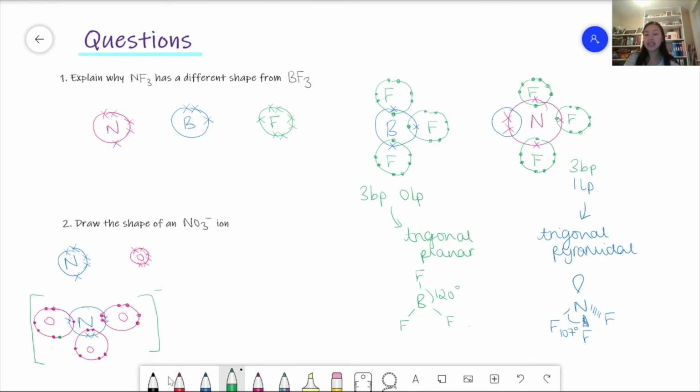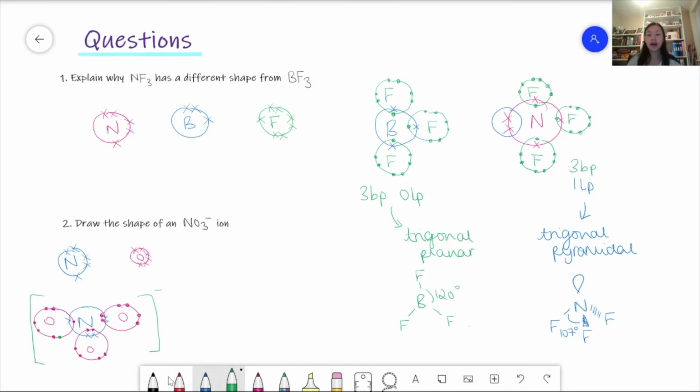And so we can see that it's got 2 double bonds and a single bond. So there are no lone pairs because there's none on the nitrogen. It doesn't matter about these oxygen ones. There's none on the nitrogen. So that means that there's only 3 bonding pairs because double bonds count as bonding pairs.